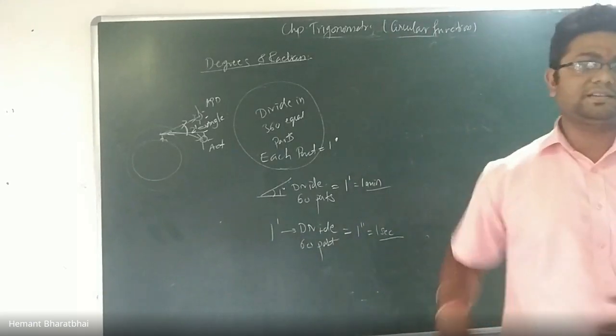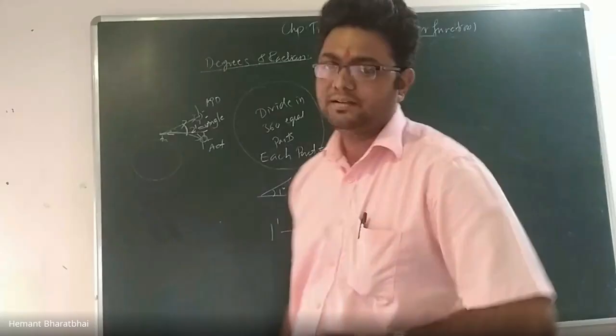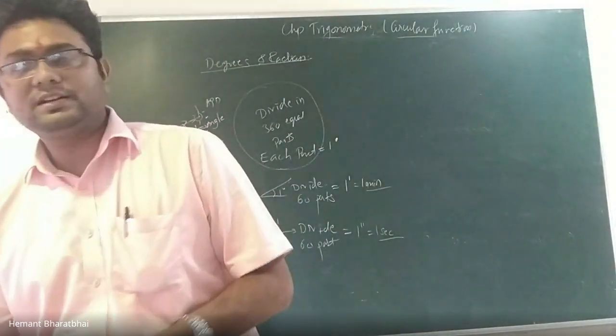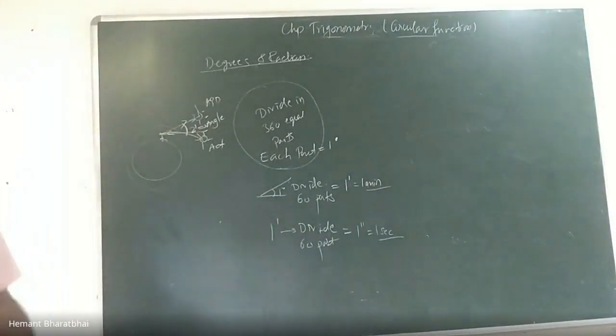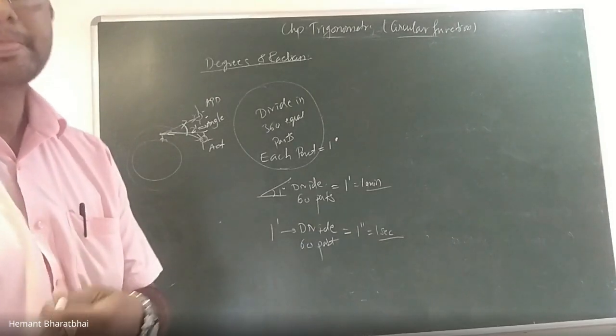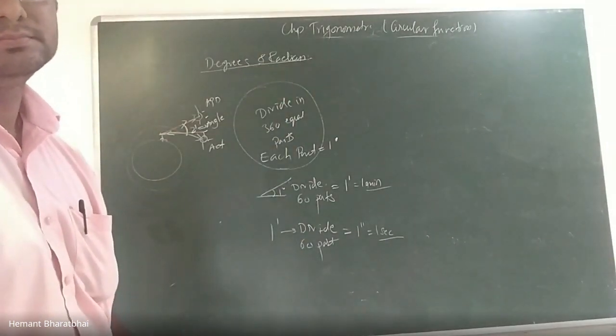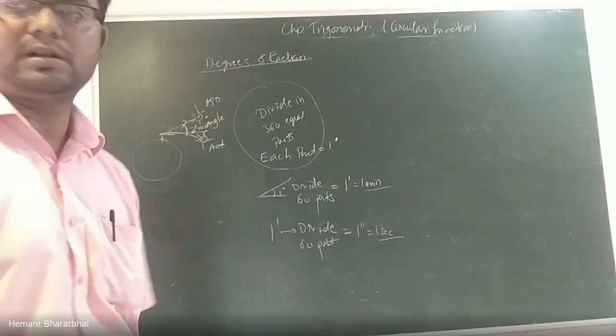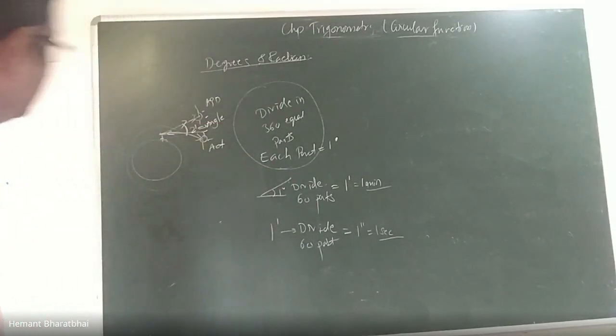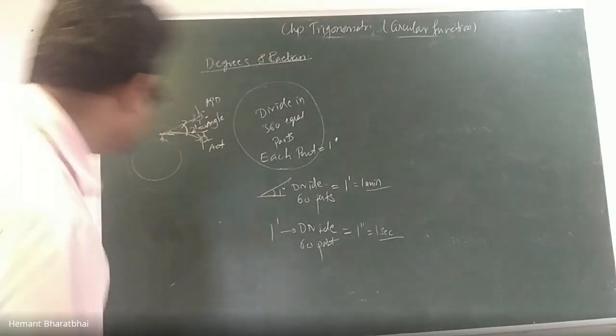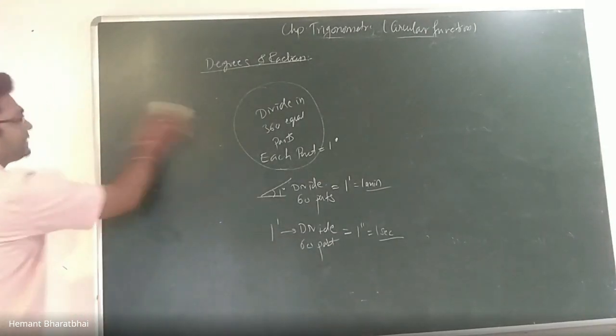Now this starts creating confusion: we thought it was time, but it is an angle. Hence, we discarded this system, which creates confusion and problems. Not only that, it is inconsistent also. How? Let us try to understand.